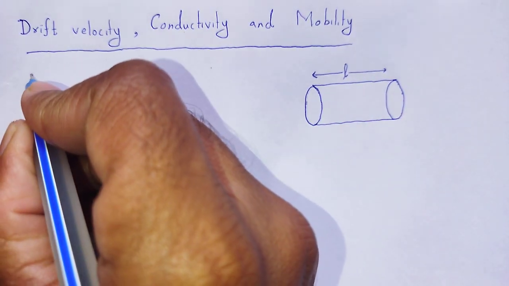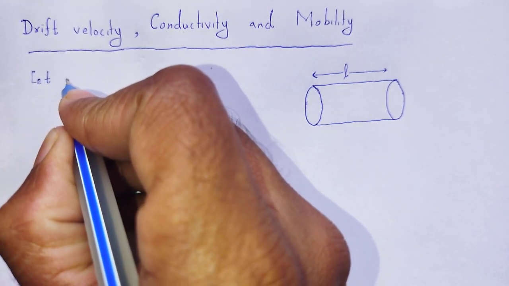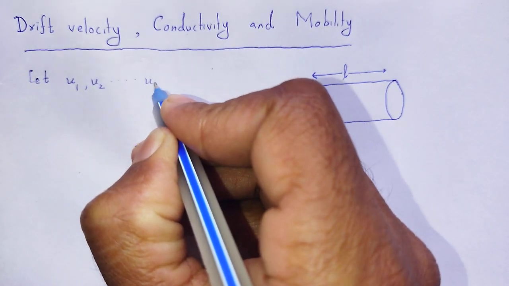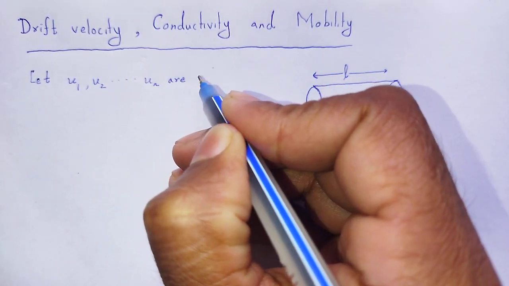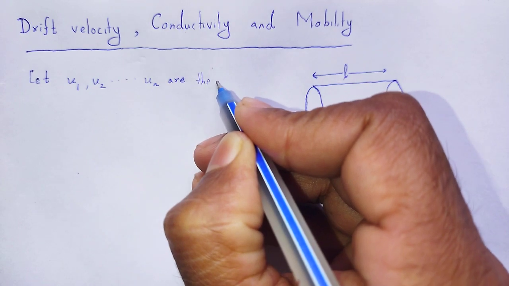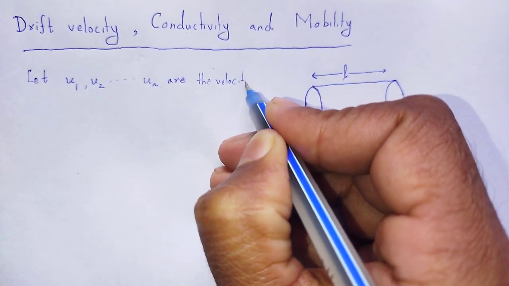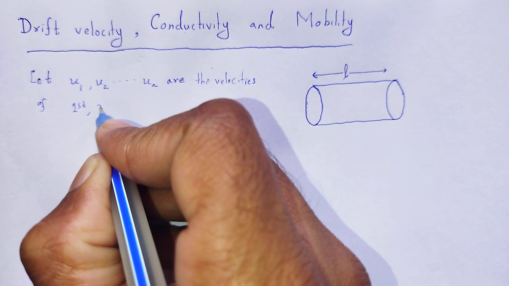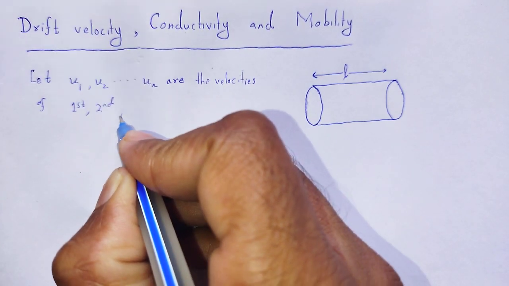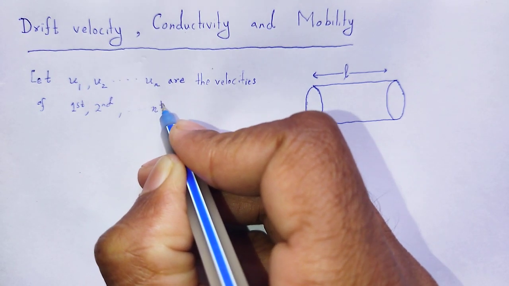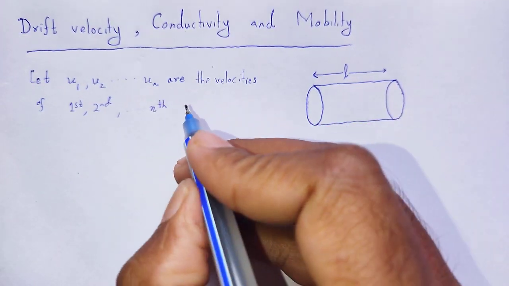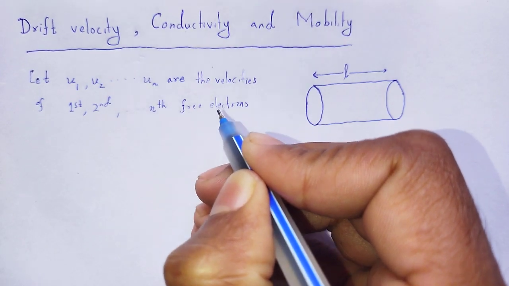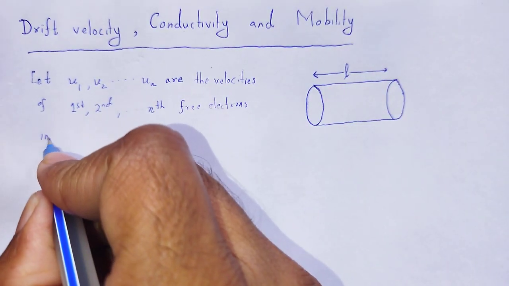Let U1, U2 up to UN are the velocities of first, second up to nth free electrons inside that semiconductor.